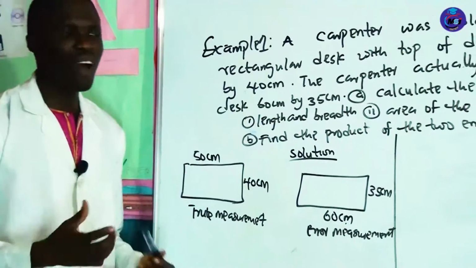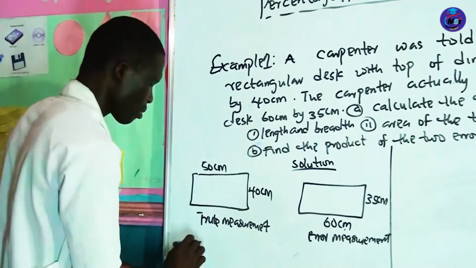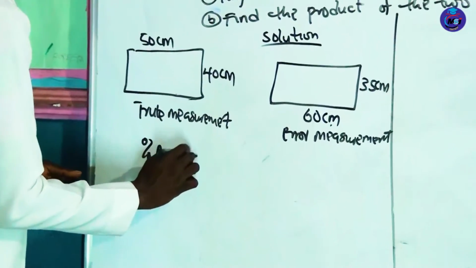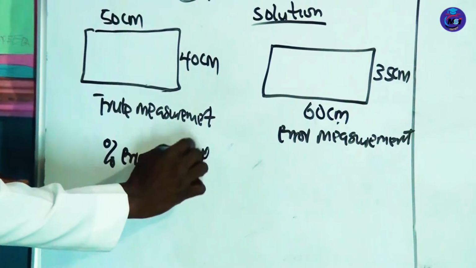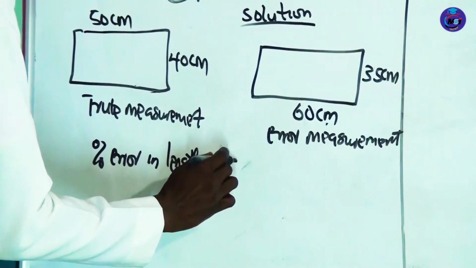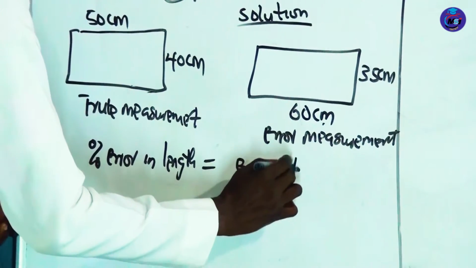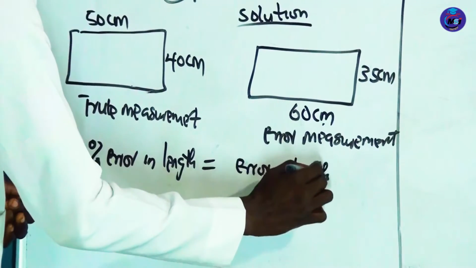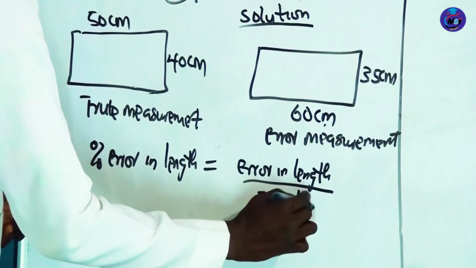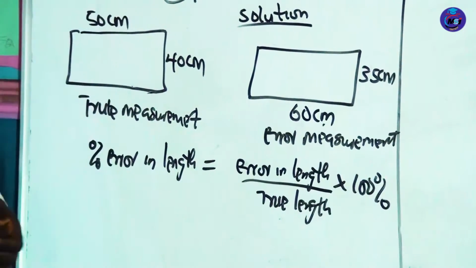Now, the first thing to do is, how can we know percentage error? Percentage error in length equals to error in length divided by true length times 100%.